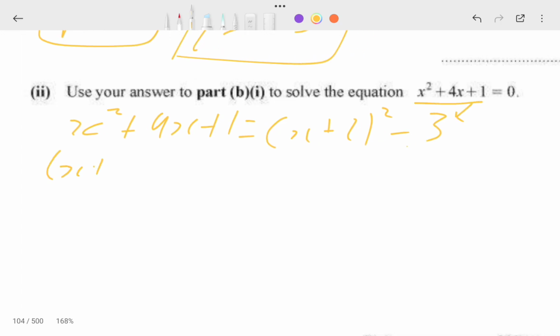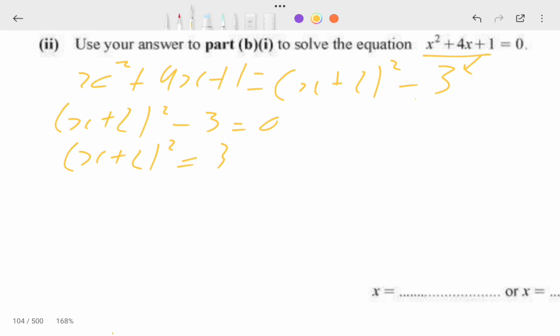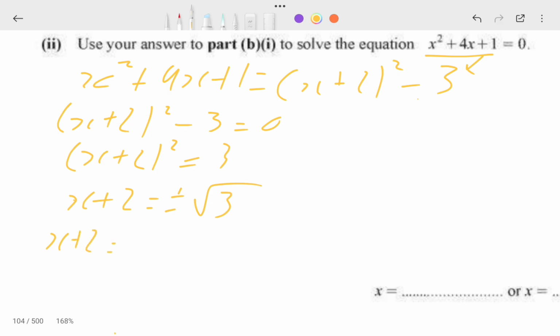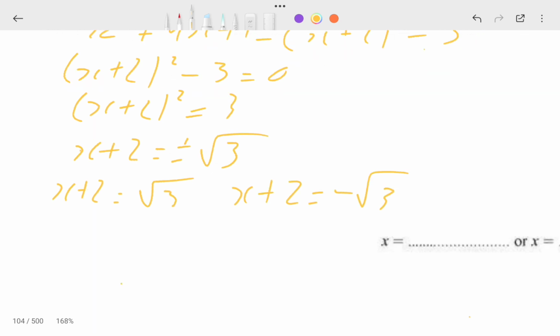So (x plus 2) squared minus 3 is equal to 0. (x plus 2) squared equals 3. Now we will take the square root on both sides, so x plus 2 equals plus or minus root 3. Then x plus 2 equals plus root 3 and x plus 2 equals minus root 3.